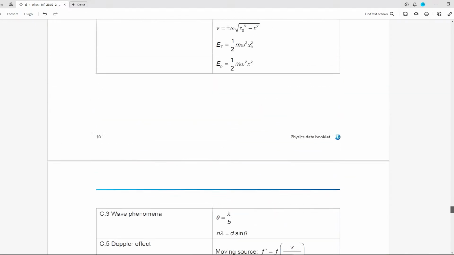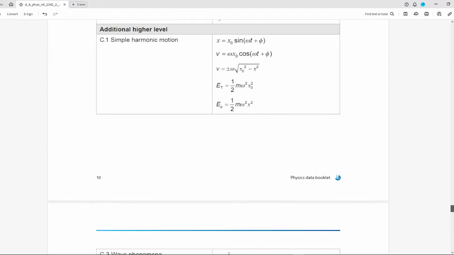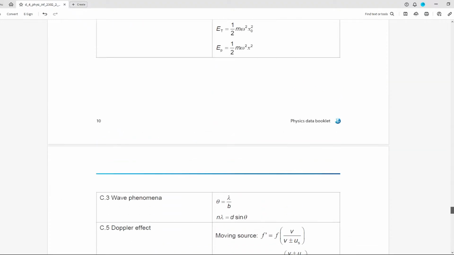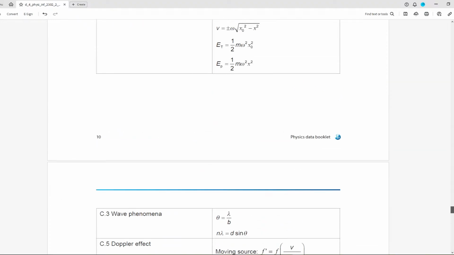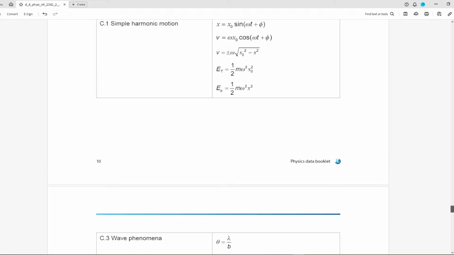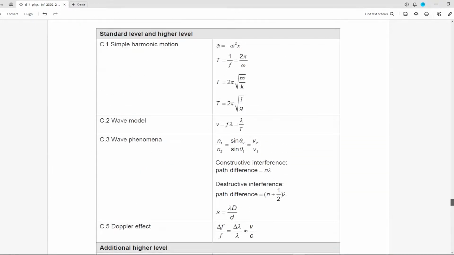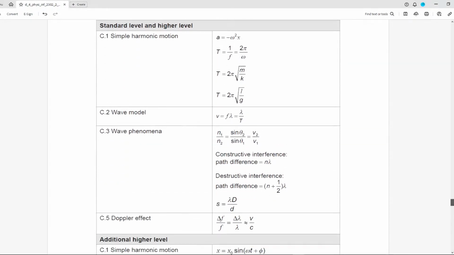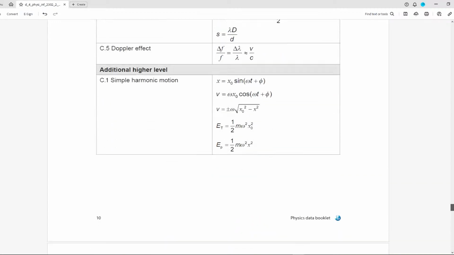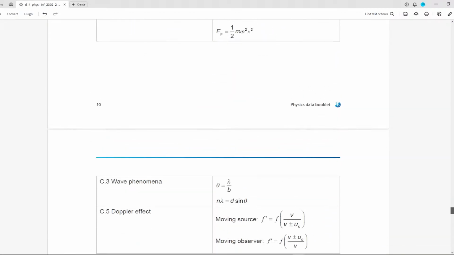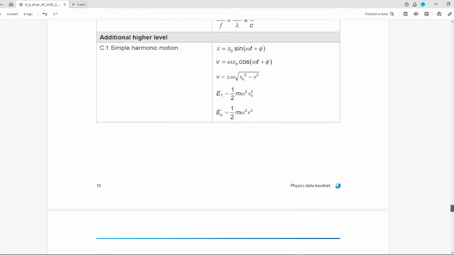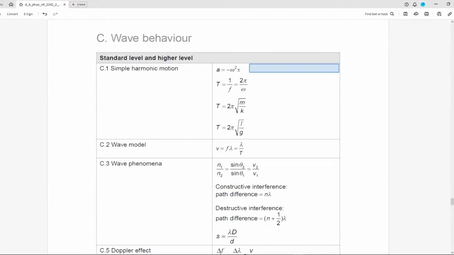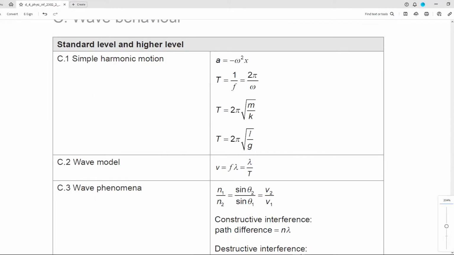Wave stuff, we actually learn in additional higher level, like the Doppler effect and stuff like that, even though they are in Alberta's curriculum. Anyhow, let's just get started and take a look at what's going on in this unit.